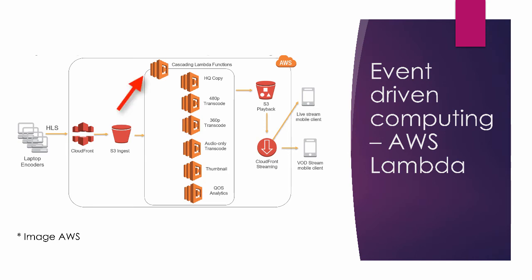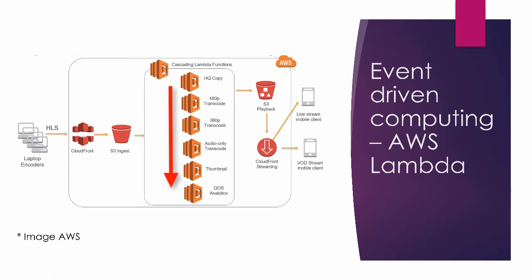Once S3 creates the event, it alerts Lambda to execute a set of Lambda functions. So AWS chose to kind of break out all these functions. This could be a single function, or it can be multiple functions. In a single function or in multiple functions, it basically creates a set of cascading Lambda functions.